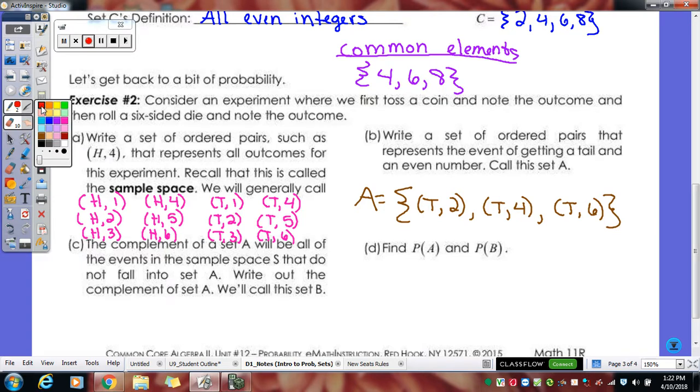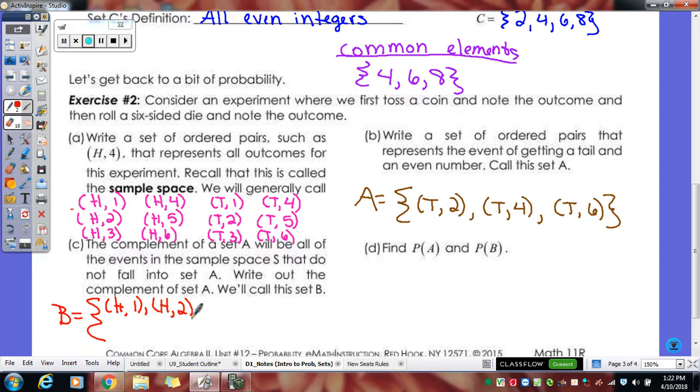All right, C, the complement of set A will be all of the elements in the sample space that do not fall into set A. Write out the complement of set A. We're going to call this set B. So B equals, and it's everything from here that we did not use for part B. So that would be all the ones that start with heads.